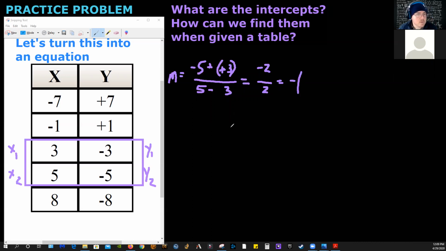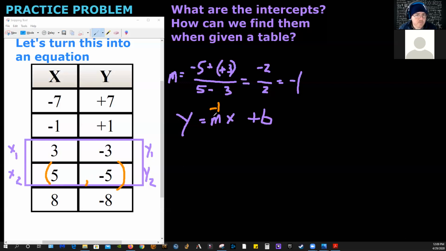Okay. So then we'll take our equation of y equals mx plus b. And let's figure out what the y-intercept is. So I know that m is going to be -1. And then I can just pick any of these. So I guess I'll do this one, the 5 and -5.